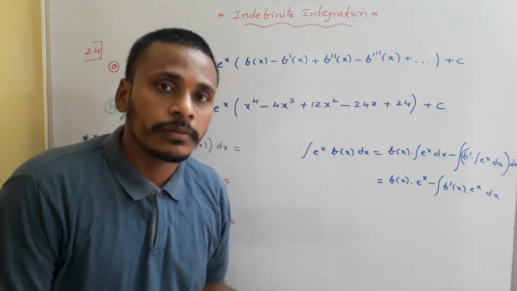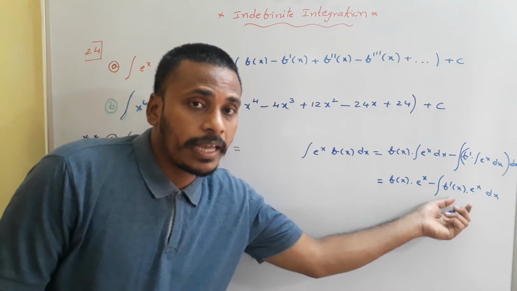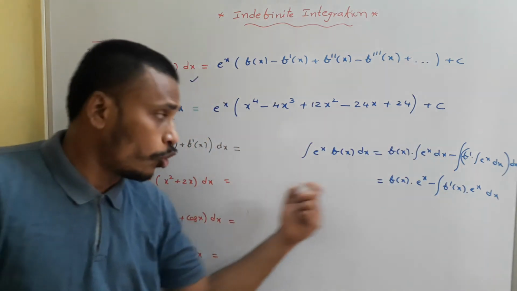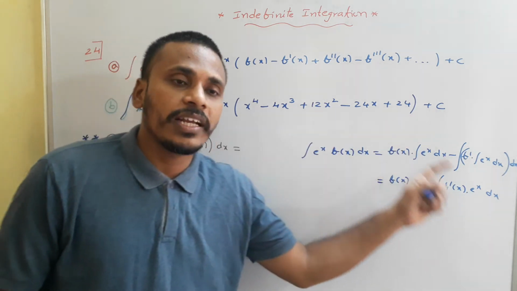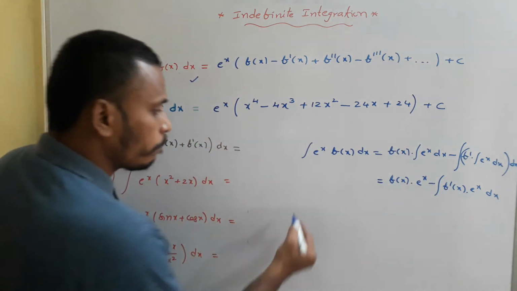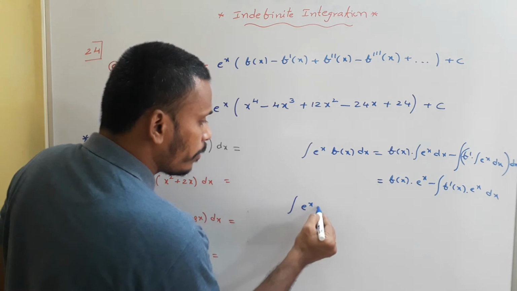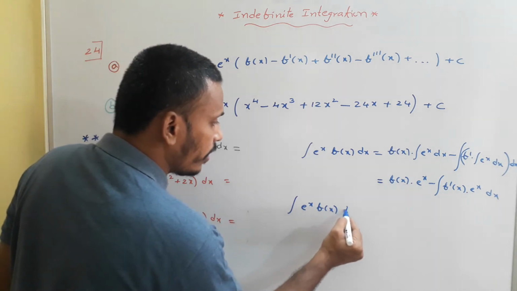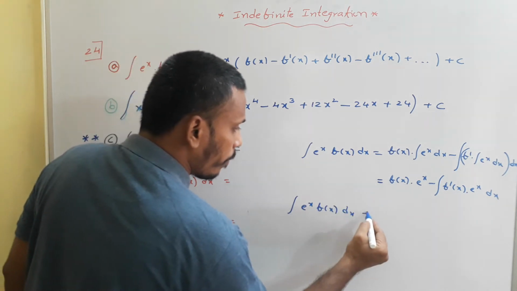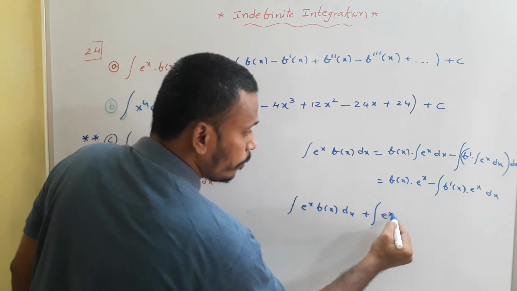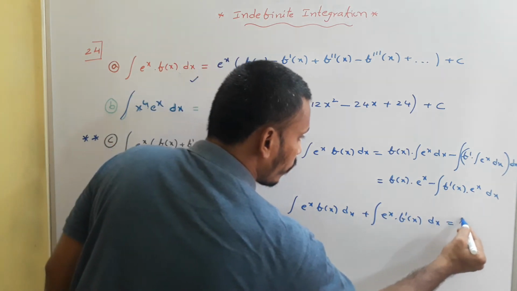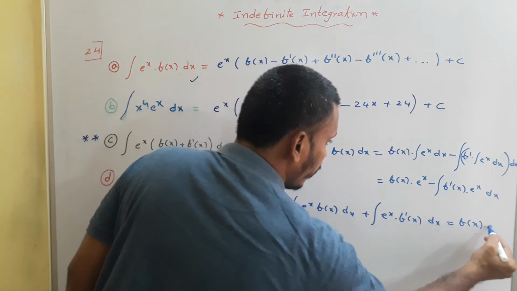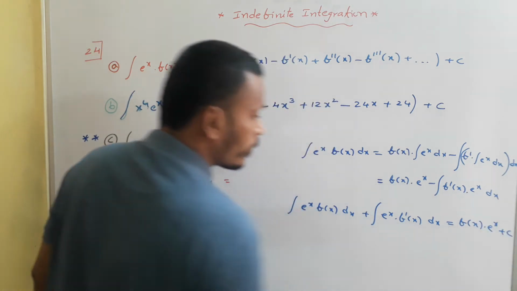Now what I do is, I will just collect this minus term to the left side. Okay, I will collect the two terms having integration sign aside. Then integral e power x f of x dx, this part, plus integral e power x f dash of x dx is equal to f of x into e power x plus c.